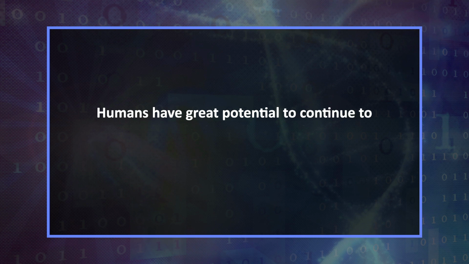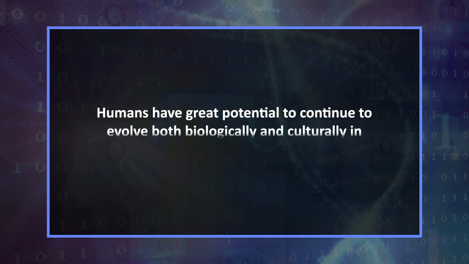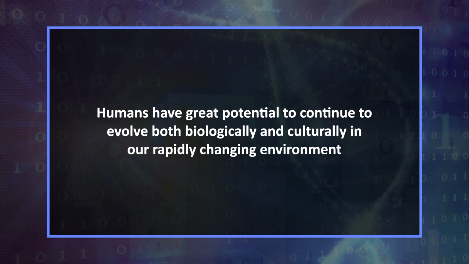Eugenic proposals also tend to ignore the role of epistasis and pleiotropy, which together seriously undermine the eugenic agenda. Humans have great potential to continue to evolve both biologically and culturally in our rapidly changing environment.